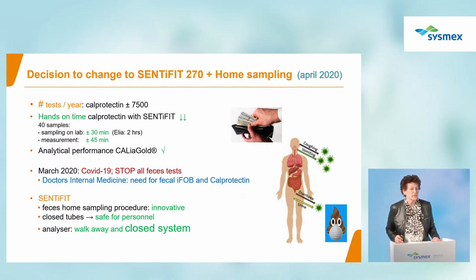But after a month, the internal medicine doctor said, well, help us. Can we go again? Because we must perform all endoscopies, and we do not have the time for that. So we thought, well, we must do something. We have a new innovative system, which is a closed system, and it's also very fine, not only for lab personnel, but also for patients at home. They can sample at home.